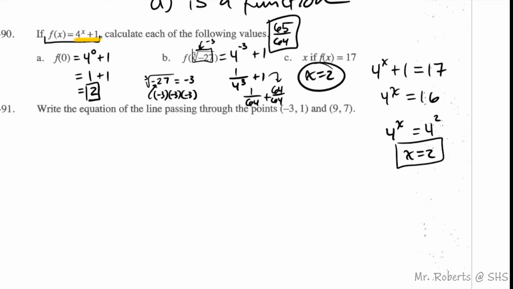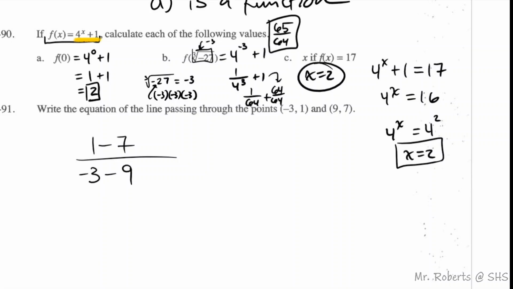Last question. It says write the equation of the line passing through, and then they give me some points. So I remember that I need to know my slope and I need to know my y-intercept. And for slope, I'll do 1 minus 7. You can see I took the y from the first point and subtracted the y from the second one. And in my denominator, I'm going to write negative 3 minus 9. Same pattern.